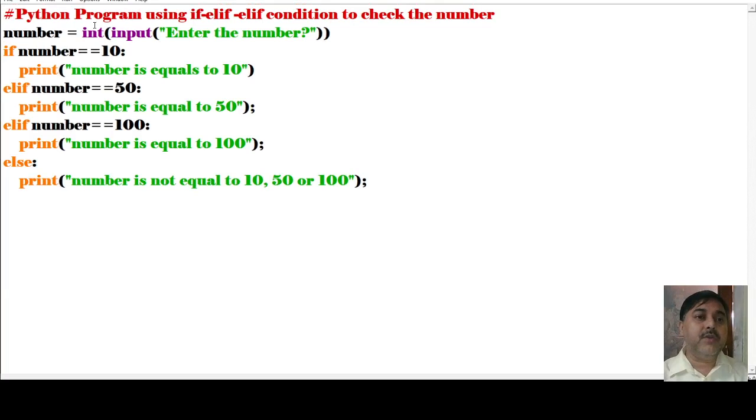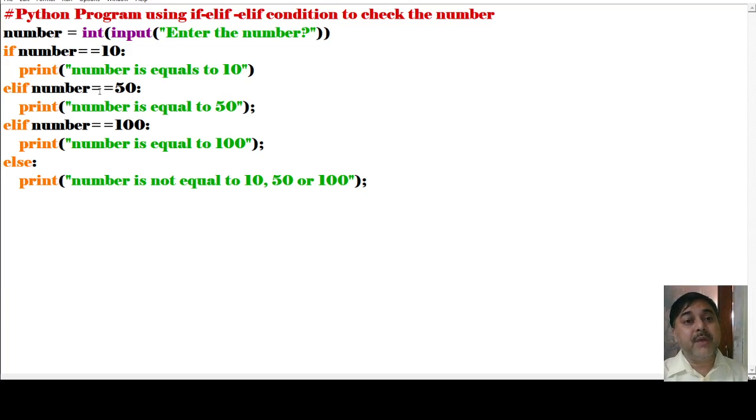So how you can find it, what has been used here. See here, Python program using if, then else if conditions, that means nested if. See here, input the number. If the number equals 0, then what will it write? Print the number is equal to 0. Else if it is not so, then it will come to the elif condition.